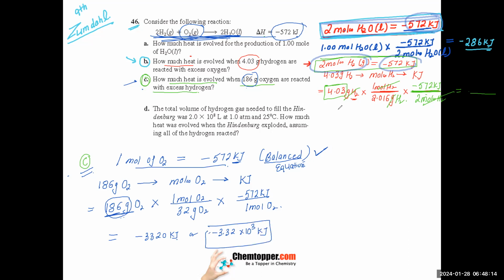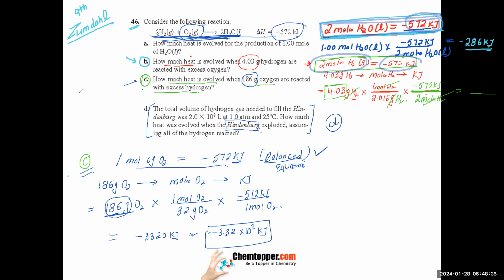Okay, now we are doing the D part, children. Read the question and help me. This is a combination of Unit 3 and Unit 6 question. You must have heard about Hindenburg. Anyone knows about Hindenburg in Germany? It was a plane.